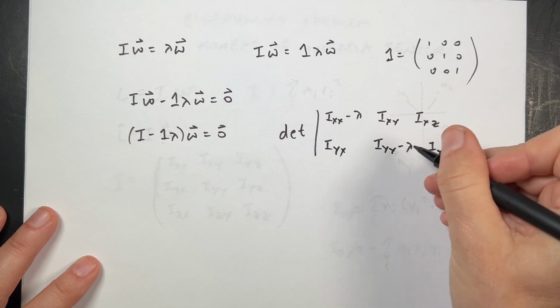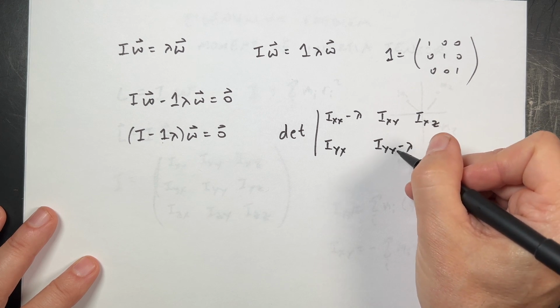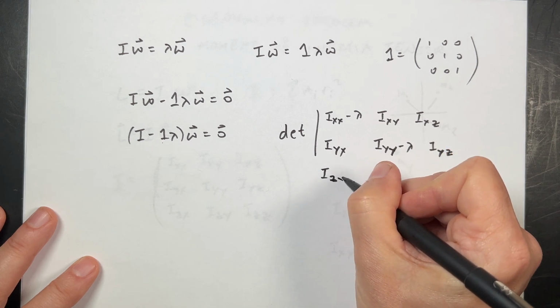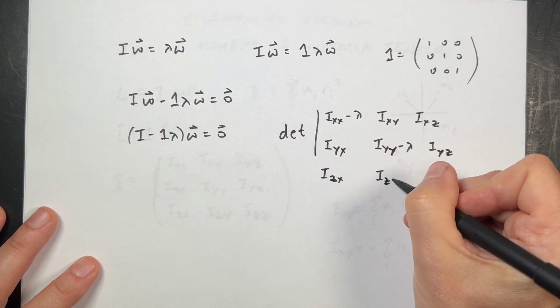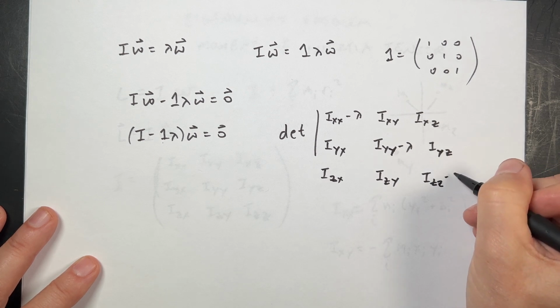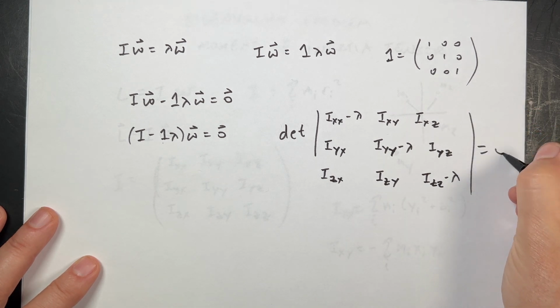My y's look like x's, and I'm sorry about that. That's a yy. And then down here I have Izx, Izy, and then Izz minus lambda, and set that equal to 0.